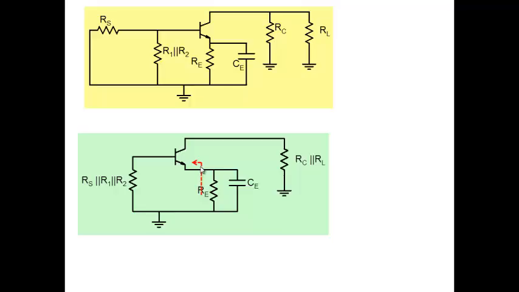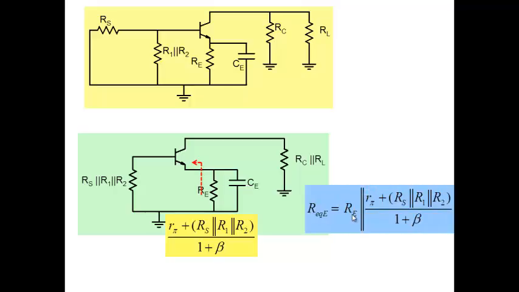We said the net resistance that you see when you look into the emitter is R pi plus the resistance in the base, divided by beta. R pi plus RS parallel R1 parallel R2, divided by 1 plus beta. So the net resistance that my capacitor sees is RE, of course, and in parallel with RE, it sees all this here. And my 3 dB frequency becomes 1 by 2 pi CE R equivalent.